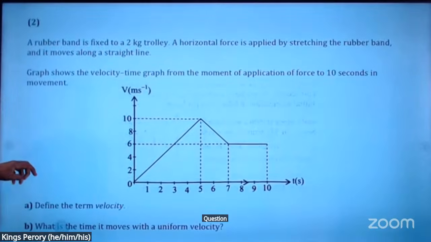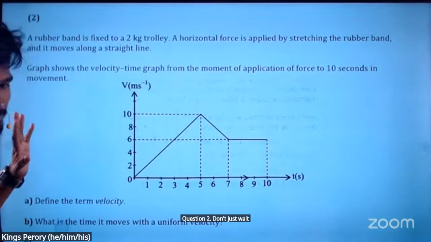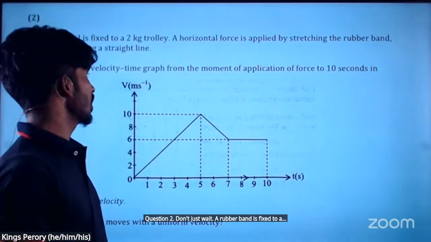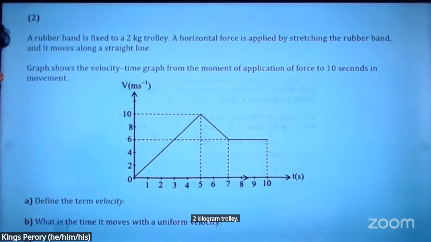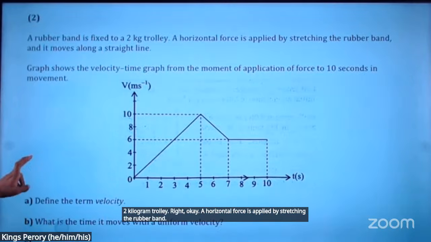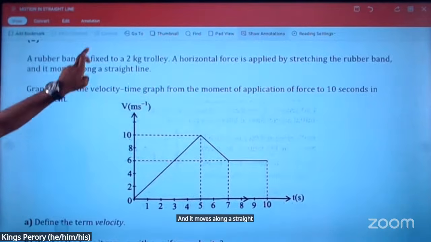Question 2. A rubber band is fixed to a 2 kilogram trolley. A horizontal force is applied by stretching the rubber band and it moves along a straight line.